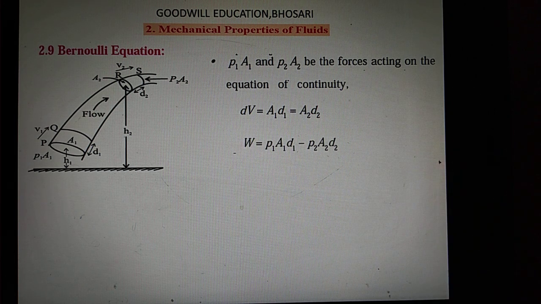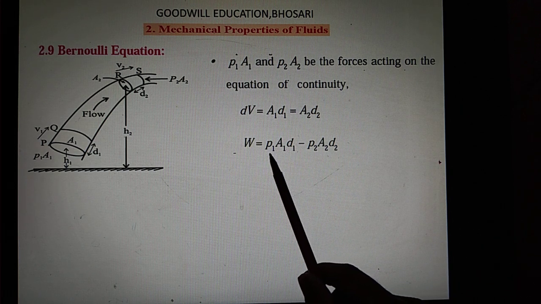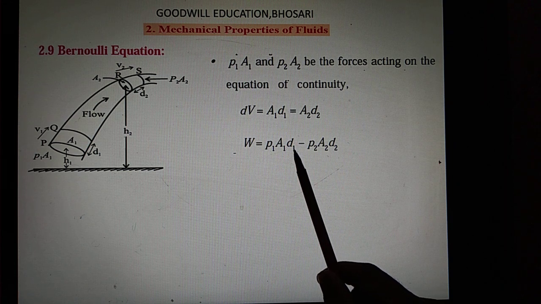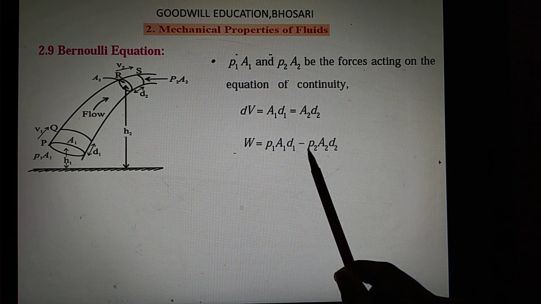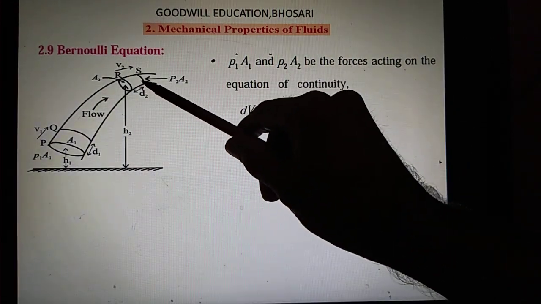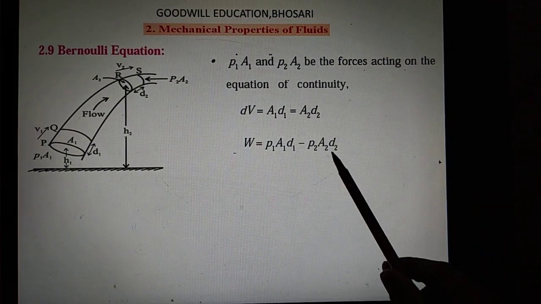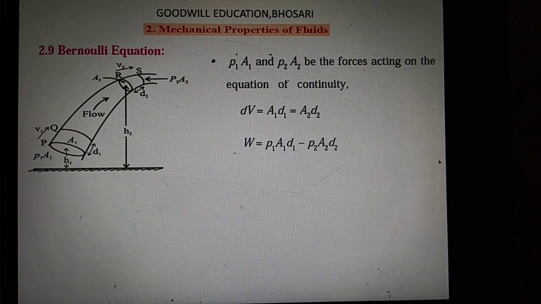So work done W is nothing but force into displacement. So this force is P1 A1 and D1 is the displacement. Here P2 A2. The negative sign indicates that the force opposes the flow at this end. Therefore, this is a negative sign. Clear? So opposite work is done.